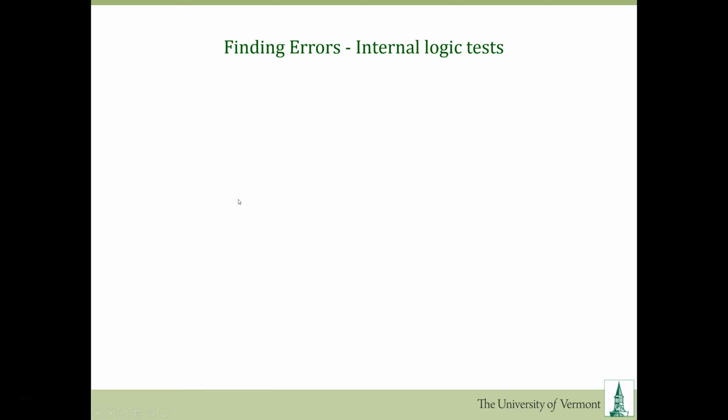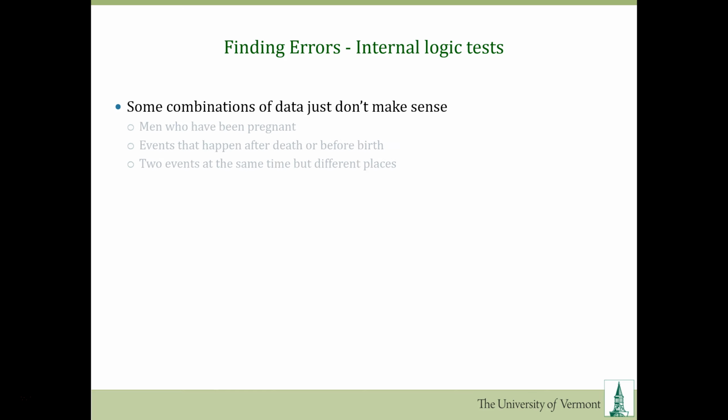Finding errors. So let's talk about how to use if statements and the like to come up with internal logic tests that we can use to find errors. The basic idea here is that some combinations of data just don't make sense. For instance, men who've been pregnant. It's very suspicious data. Events that happen after death or before birth are also probably not what you think they are.